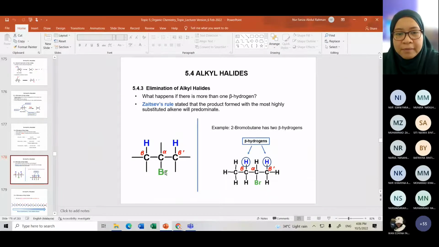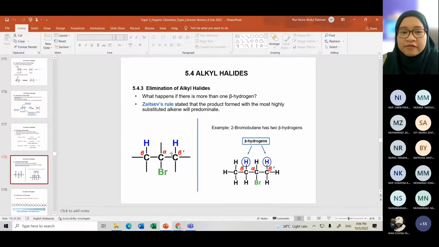We have two carbons adjacent to this alpha carbon, so we have one beta carbon and another beta carbon, which also bears the beta hydrogen.